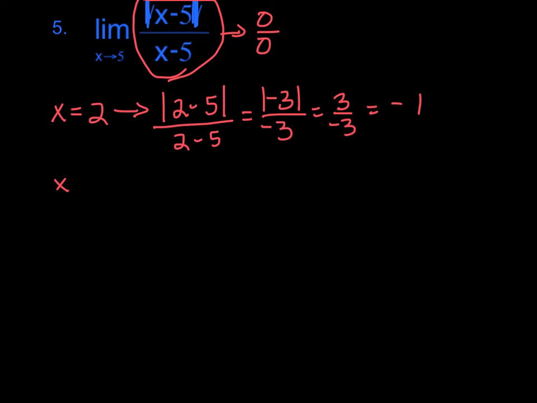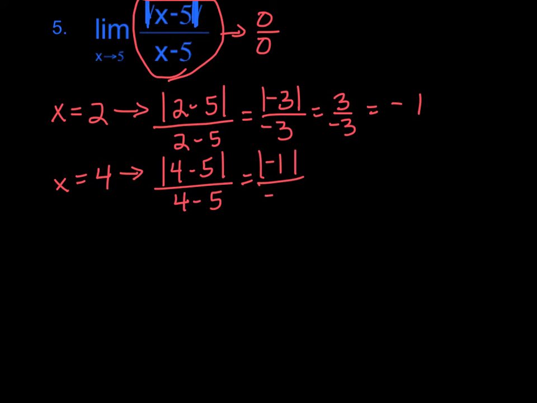Okay, I could try plugging in something a little bit closer to 5, let's say like 4. So I'm going to do 4 minus 5 in absolute value, and then 4 minus 5 not in absolute value. That's going to give me negative 1 in absolute value over negative 1 not in absolute value. So that's 1 over negative 1, and that's going to give me negative 1.